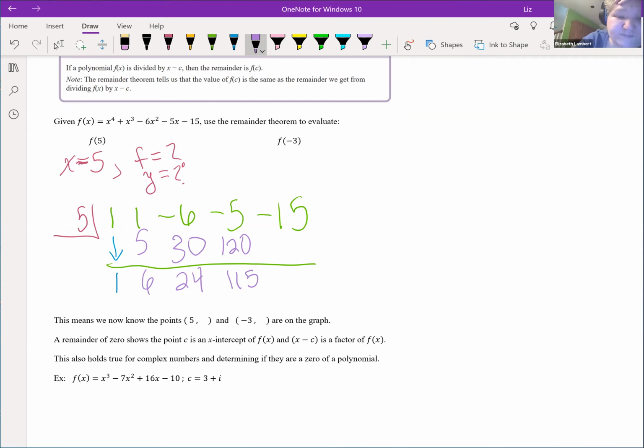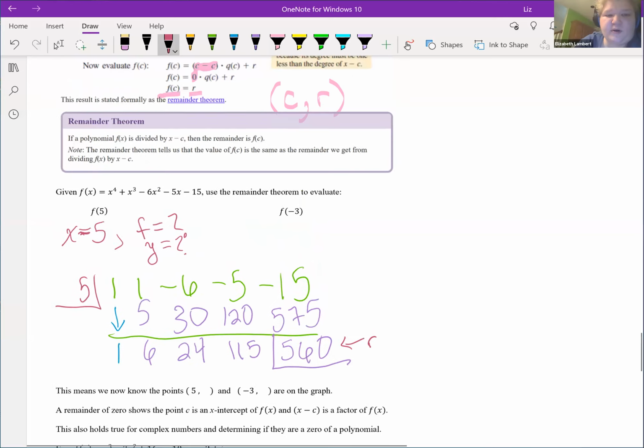But that is 550 and 75, so 575. Whew. So 575 minus 15 is 560. 560 is the remainder here.